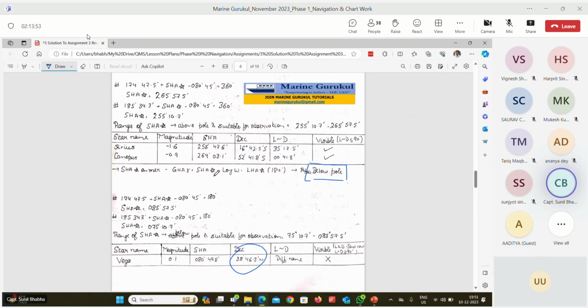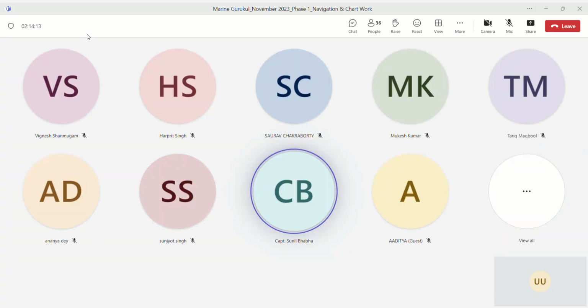Latitude क्या है बेटा इस क्वेश्चन में? 52 degrees south, sir. Very good. So lat and dec are different names, so it cannot be circumpolar. So that is why not visible. Okay. Clear?